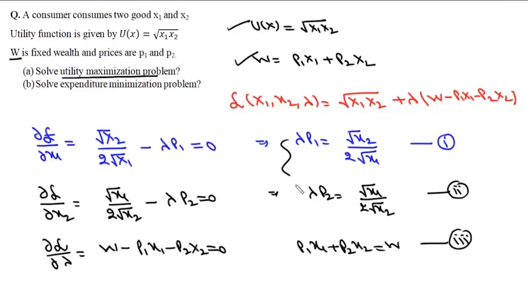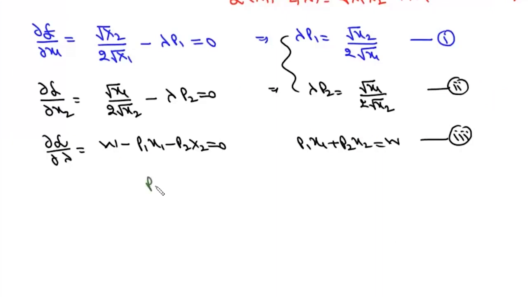Now what we'll do is divide the first equation by the second. From here we can write p1 upon p2 equal to x2 upon x1, or simply p1 x1 equal to p2 x2. Now we put it in the third equation.